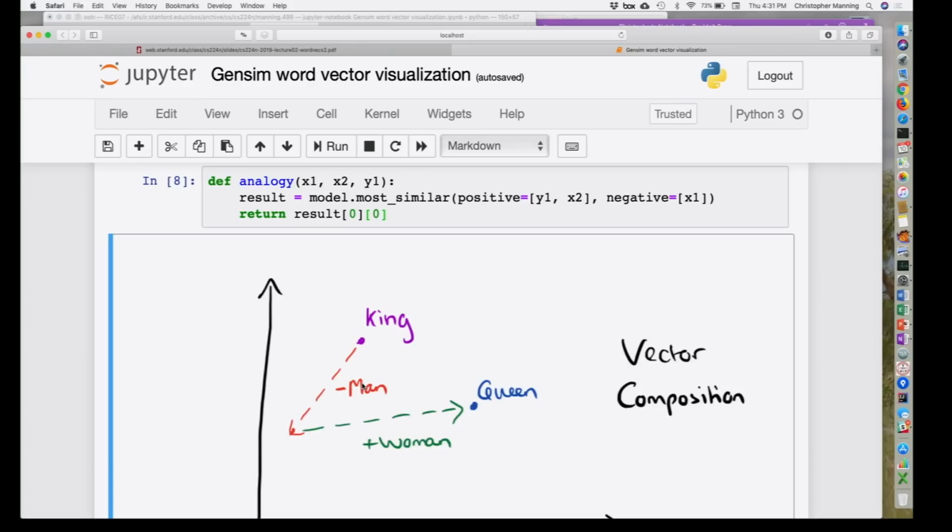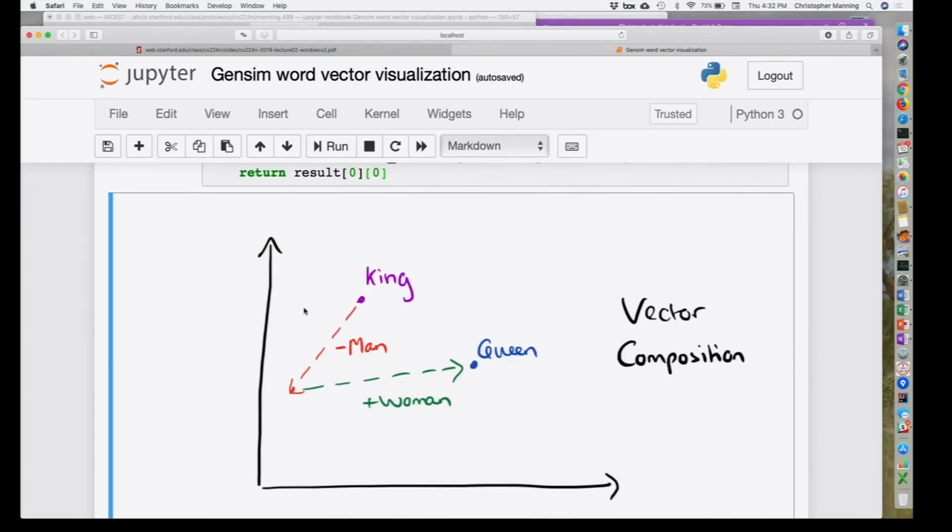That is, there are actually directions in the space that you can point which have a certain meaning. If you're pointing in one direction, it means this is more so the case. If you're pointing in a different direction in the meaning space, it might be this is the capital of this country, or all sorts of different meanings could be encoded in the space.